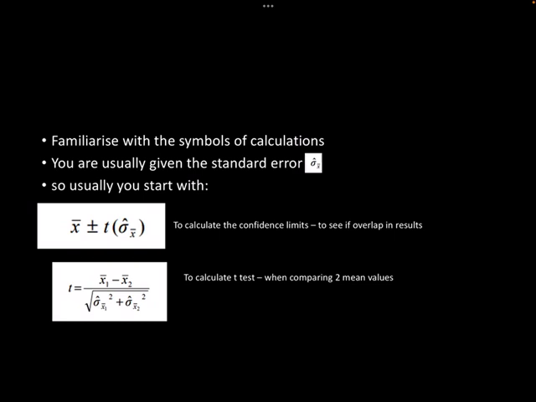Or if you're doing a t-test comparing two mean values, then again, you often are given the standard deviation about the mean value, so you're squaring each of them from both samples and then taking the square root of it at the bottom. So hopefully this will help with the confidence limits and doing t-tests.